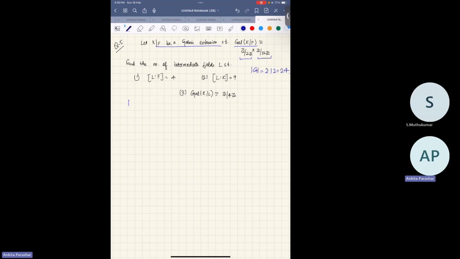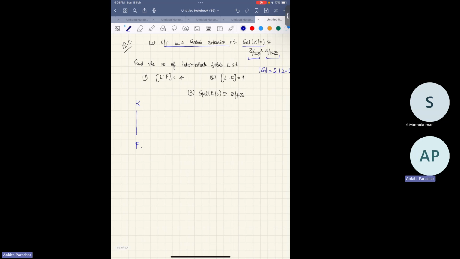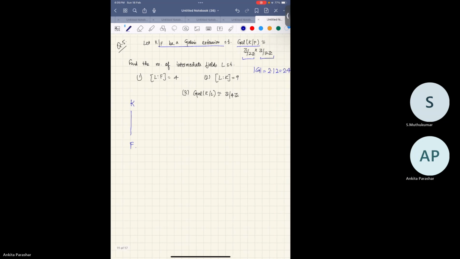Also we know that K over F is a Galois extension, so the degree of the extension K over F is 24. We have an intermediate field given to us.